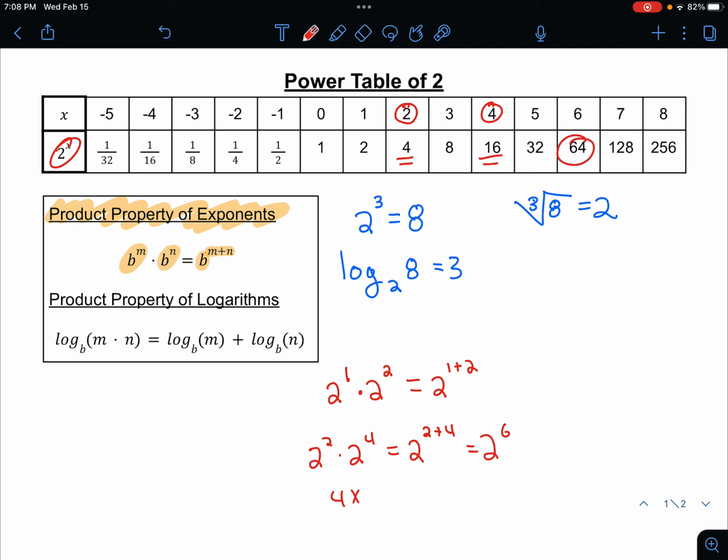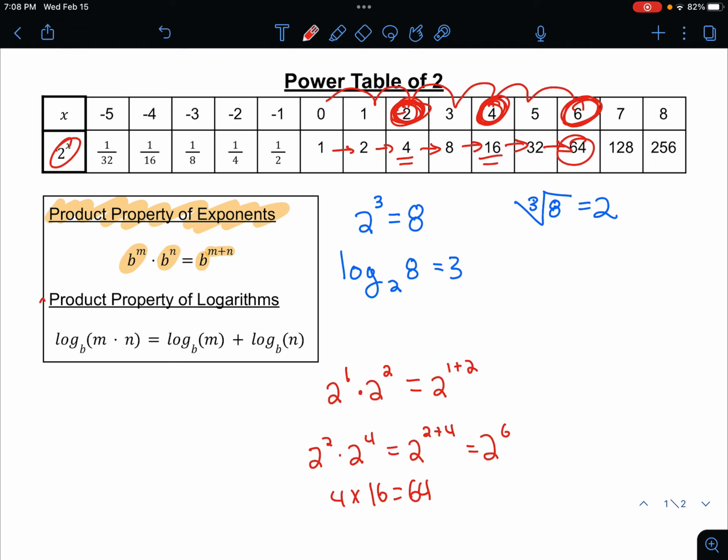And 4 times 16 is in fact 64. Because we're basically saying take 2 multiplications of 2 and then do 4 more: 1, 2, 3, 4. Getting us 2 plus 4, aka 6 multiplications of 2. So that's where our product property of exponents comes in.